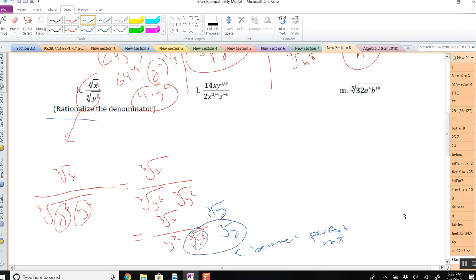Because there are already two y's here, you need one more y so that it becomes a multiple of 3. So when I work that out, I get the cube root of x times the cube root of y, so I actually can combine it like this. And the bottom I have y squared times y, which of course is y cubed.